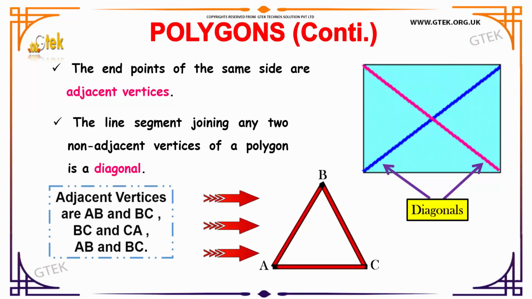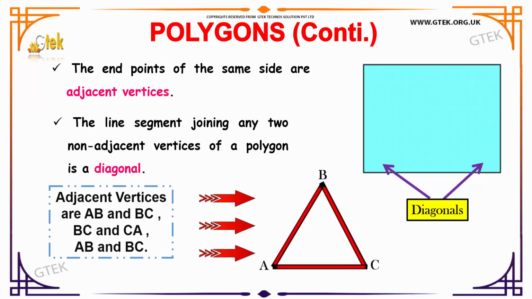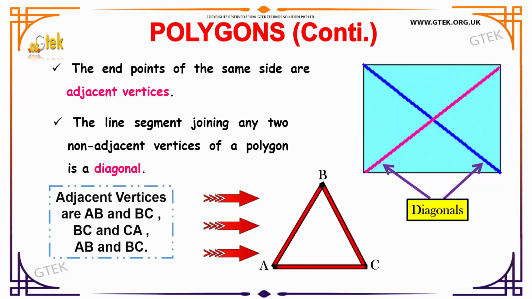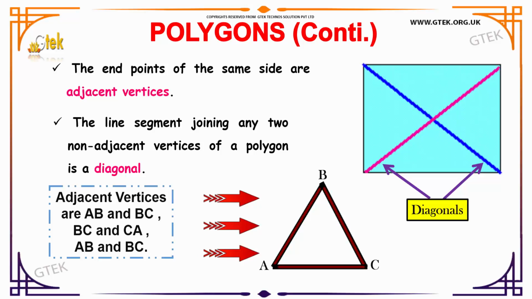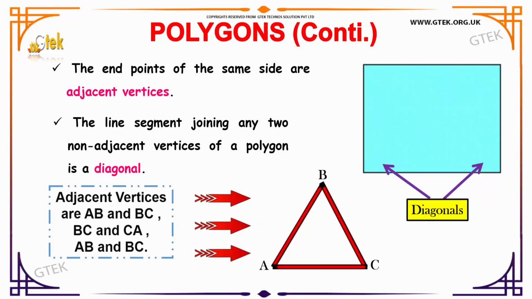Here, the adjacent sides in this triangle ABC are AB and BC, because the endpoints are on the same side. BC and CA are adjacent. AB and BC are adjacent. So these are the adjacent sides.